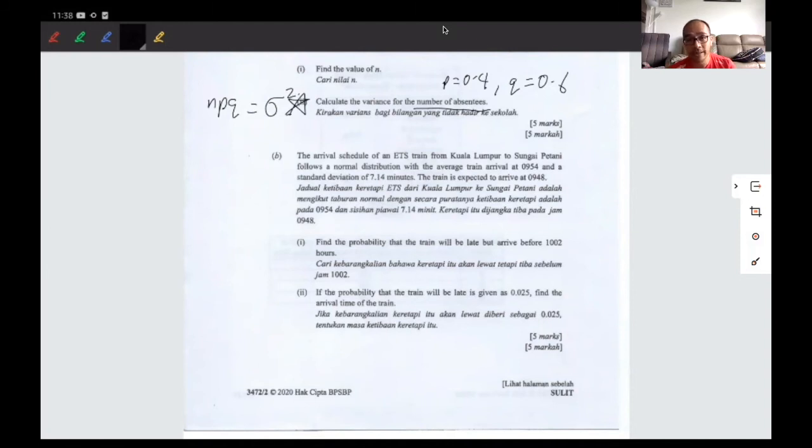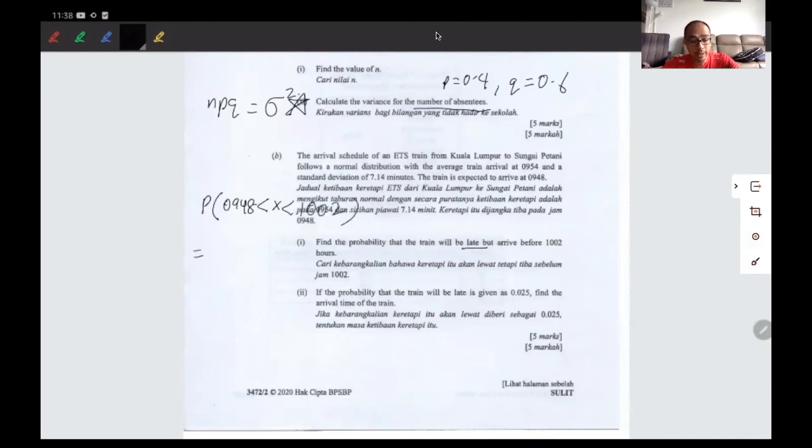The train is expected to arrive at 9:48 or 0948. Find the probability that the train will be late but arrive before 10:02. That means it's not going to arrive at 9:48. That means you're looking for the probability that X is between 0948 and 1002, and that's actually what you want to find.